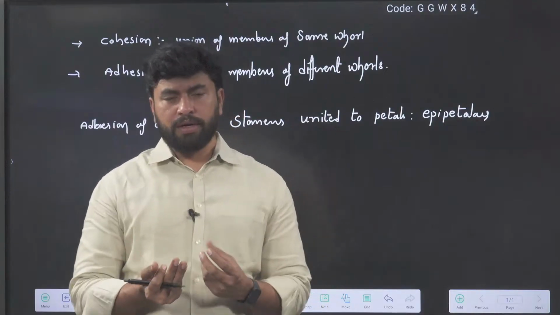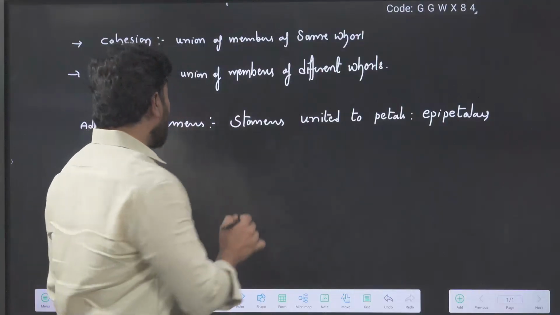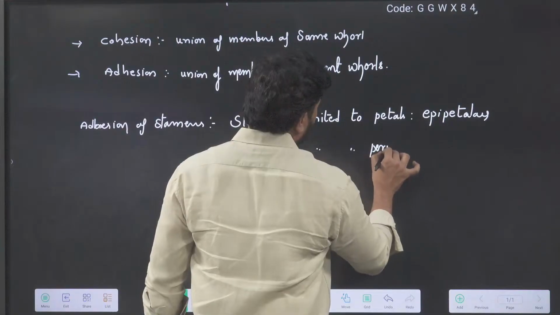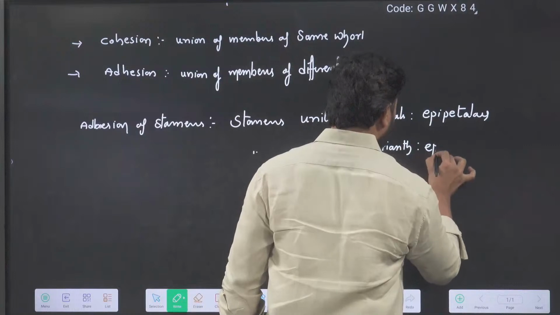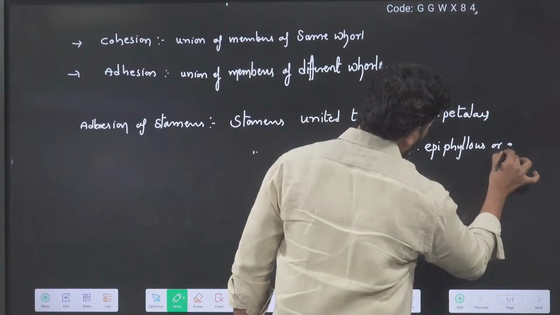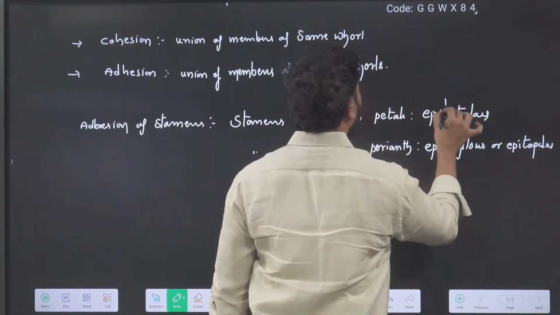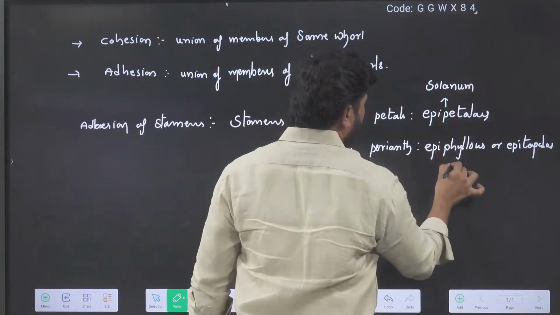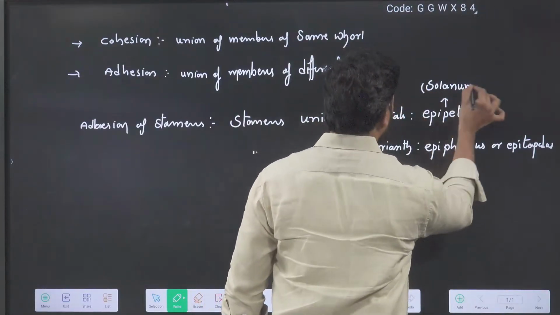That's a typical rule. But rarely, the stamens may attach to petals, epipetalous. If stamens attach to perianth members, this condition we call epiphyllous, or epitepalous. Epipetalous, best example, Solanaceae members. Epiphyllous, best example, Liliaceae members. We will notify them later.